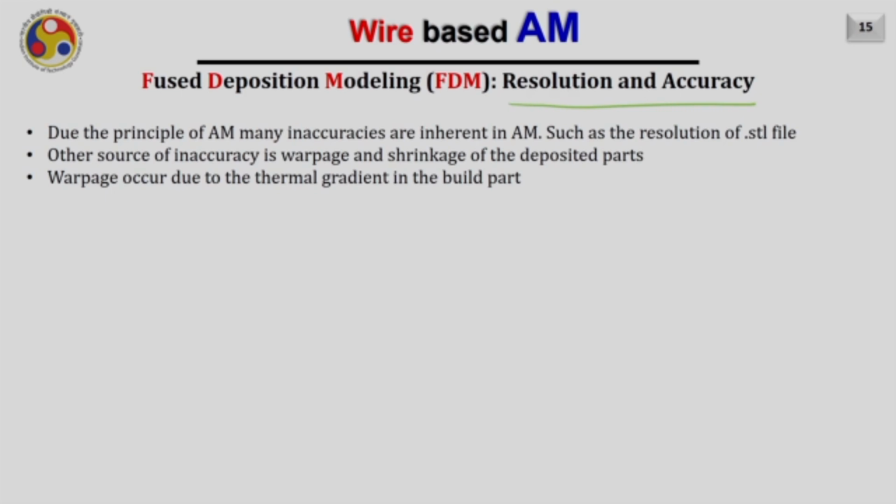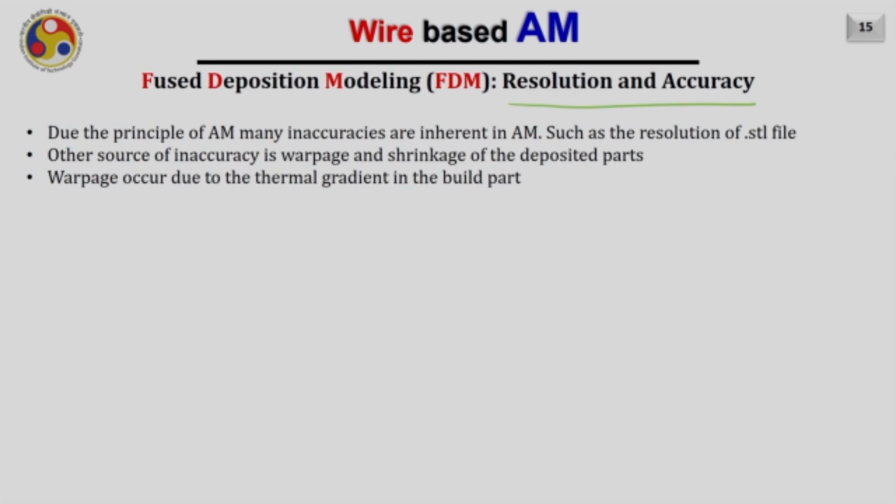The other sources of inaccuracy are warpage and shrinkage due to the thermal history of the deposited material. The warpage usually occurs due to the thermal gradient available. For example, you are depositing the material and it is at a lower temperature at one end and a higher temperature at the other end by the end of the process.